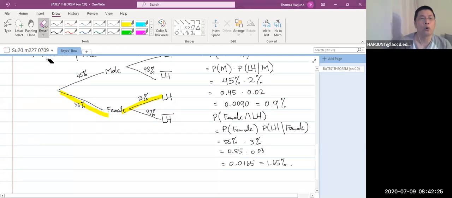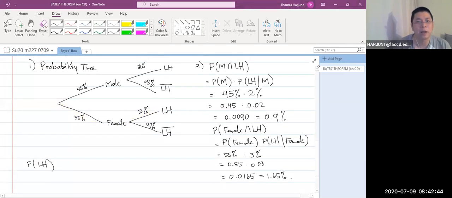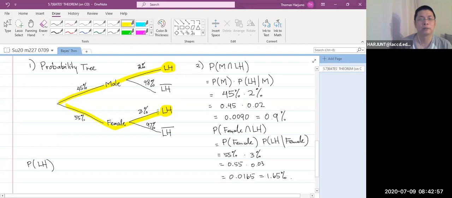Then suppose now I select from the whole population. What is the probability that a randomly selected person is left hand, regardless of whether that's male or female? Now then, for the left hand to happen, it's either this part here or this part. It's either male and left hand or female and left hand.